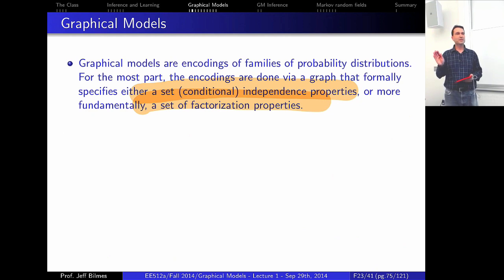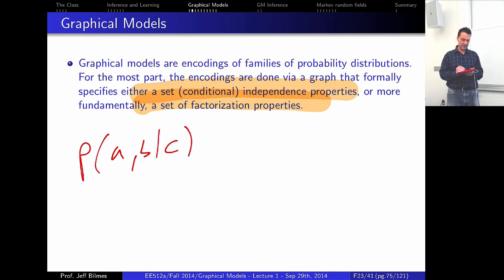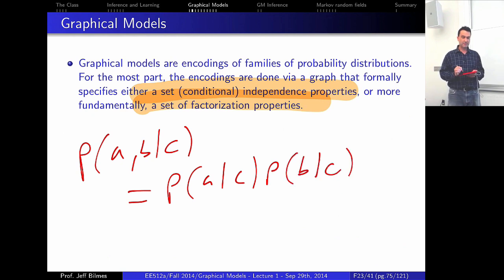Should I write that down, or is everybody happy with that? Raise your hand if you're happy with that. Kind of, sort of. I'll write it down, just in case. So it's probability of A and B given C. It's a factorization requirement, probability of A given C and probability of B given C. That's basically saying that A and B are independent given C. That's a factorization statement, which might or might not be true.